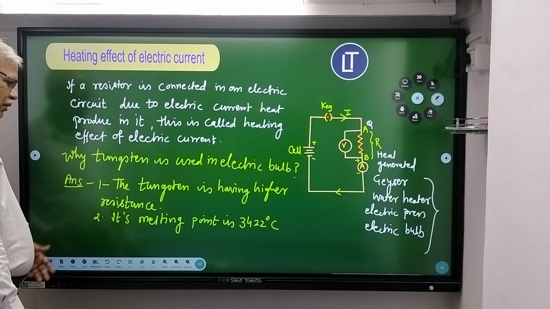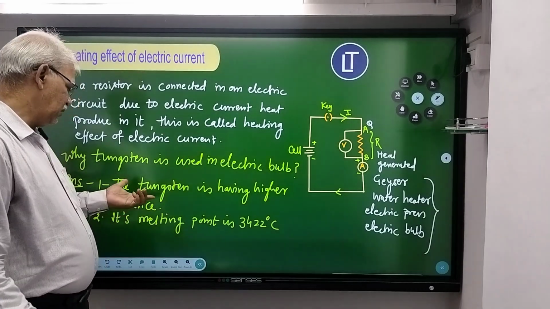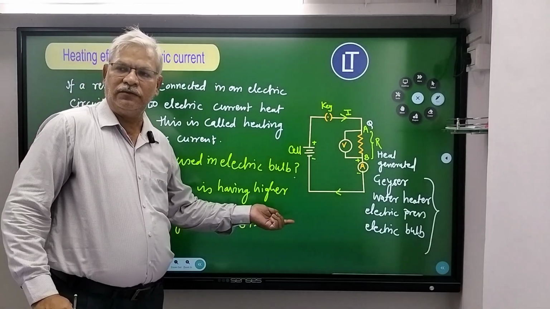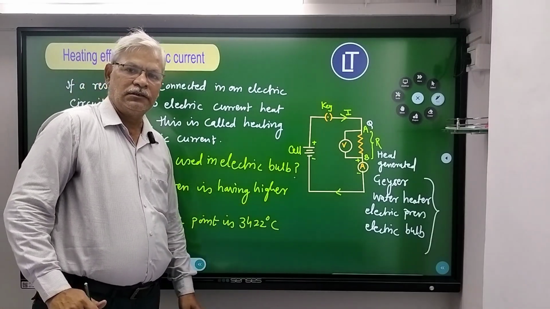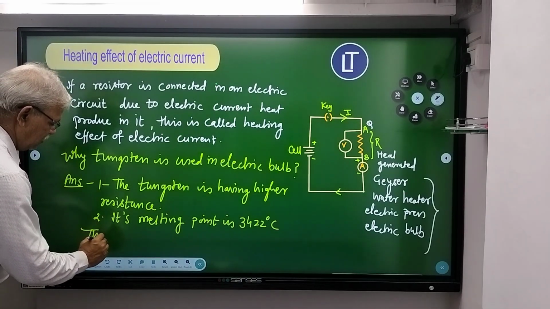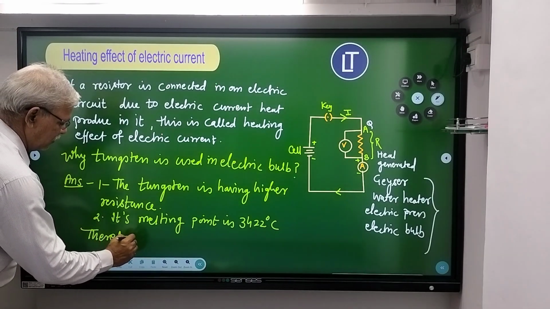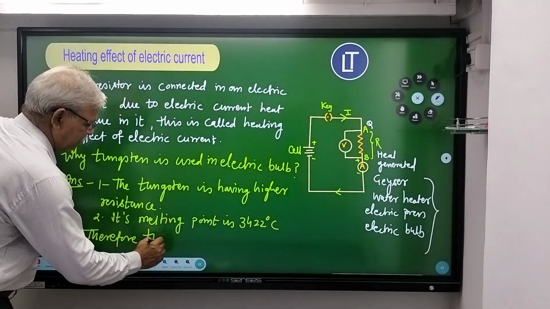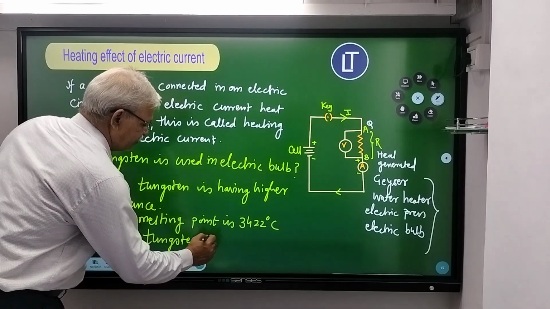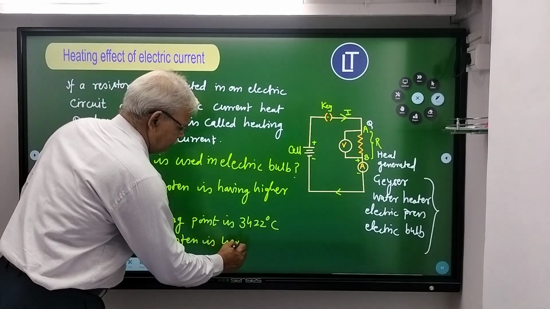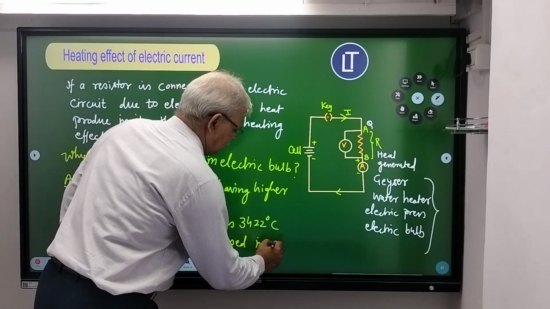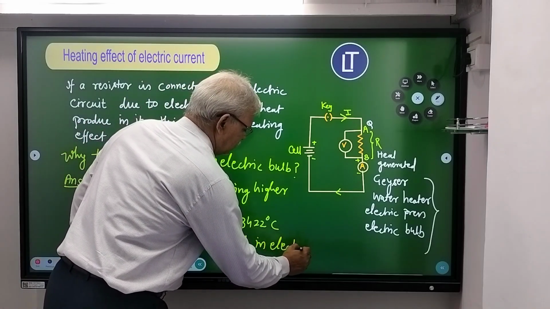Okay, tungsten is having higher resistance and its melting point is 3422 degree Celsius. Therefore, tungsten is used in electric bulb.